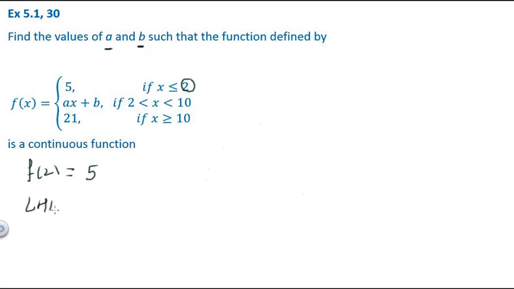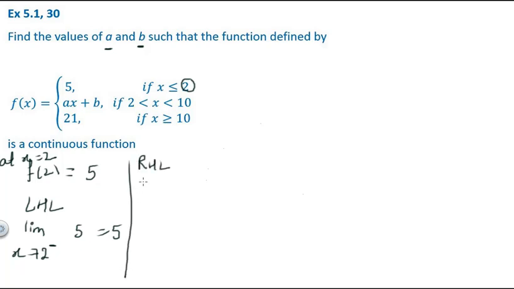LHL at 2 I am checking first. What will be LHL? Limit x tending to 2 minus. For less than 2 the function is 5 only, so the answer is 5. Let us find RHL. Limit x tending to 2 plus, and the value of the function is ax plus b.